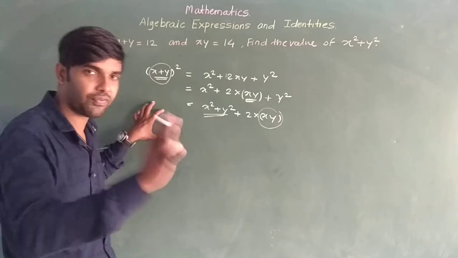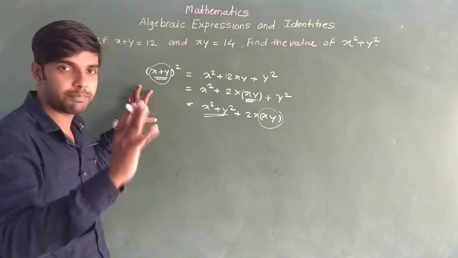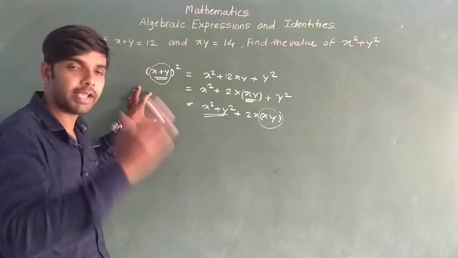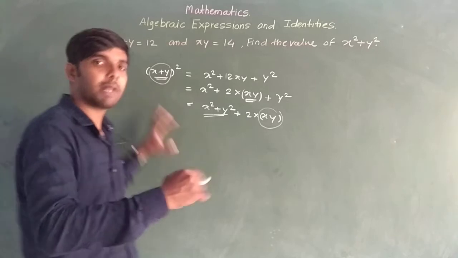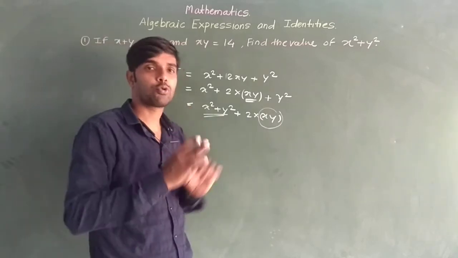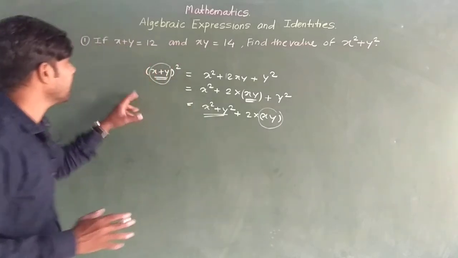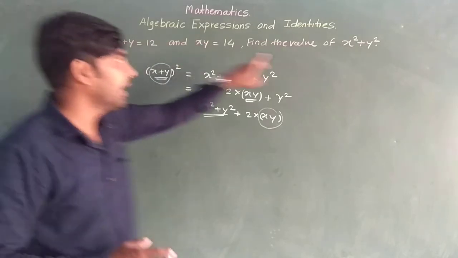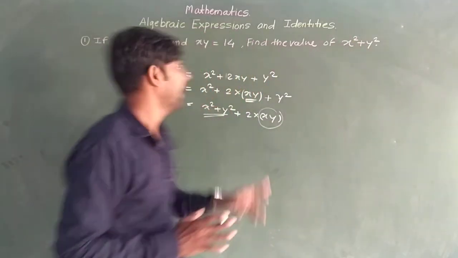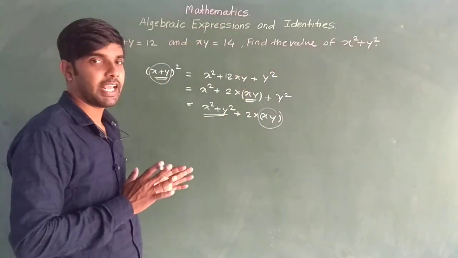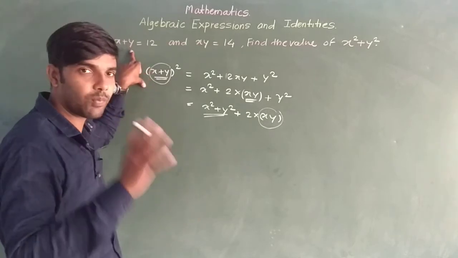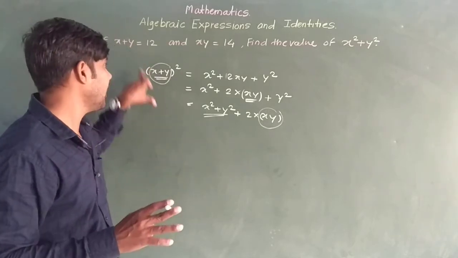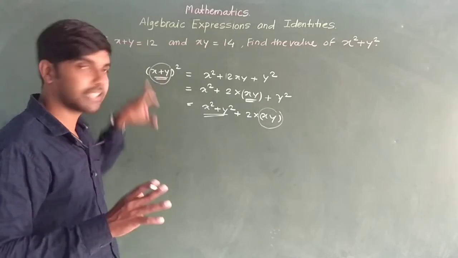Identity number first, that is (a plus b) whole square is equal to a square plus 2ab plus b square, or we can write a square plus b square plus 2ab. That means x plus y, x square plus y square and xy. There is a plus sign, x plus y, that is the sum of the two terms. That's why we are using the first identity.